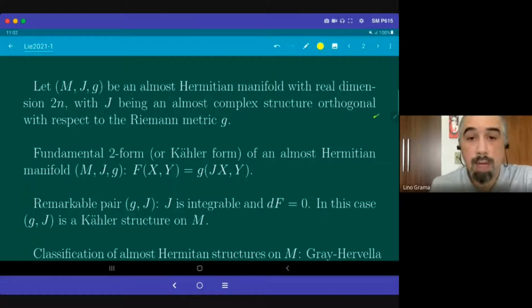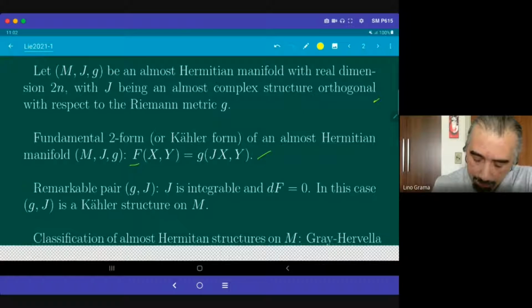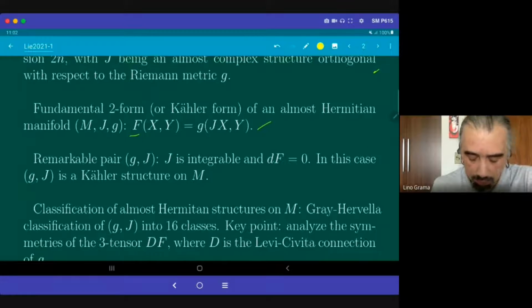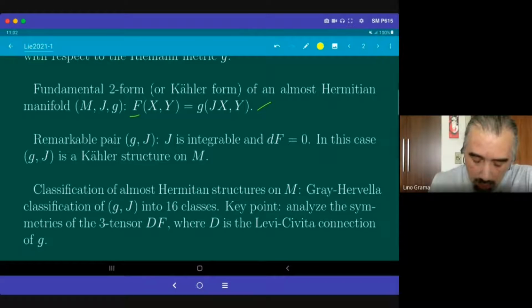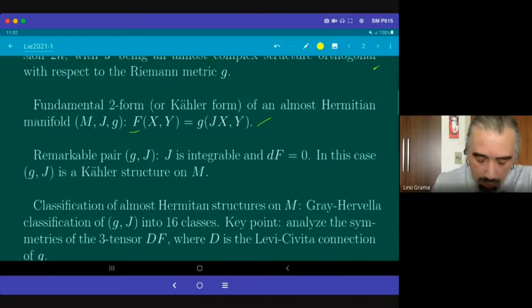We define the fundamental two-form or Kähler form, which I denote by F, given by F(X, Y) = g(JX, Y). This two-form is skew-symmetric because J squared is -1. It's very canonical.